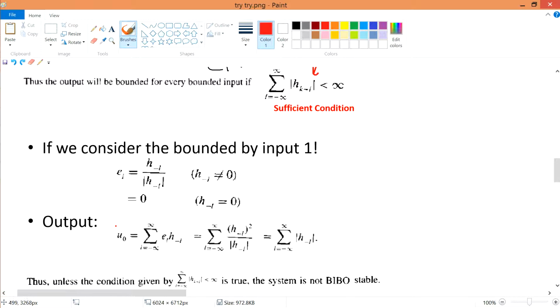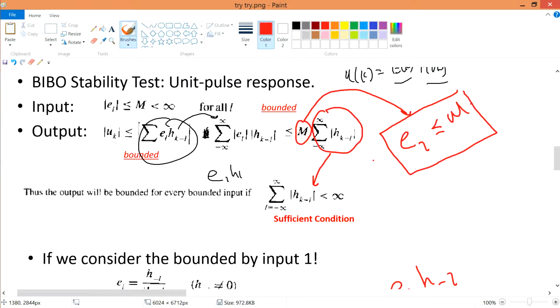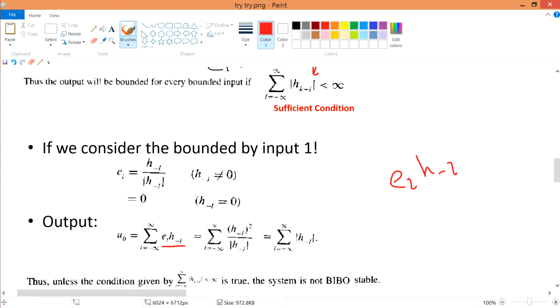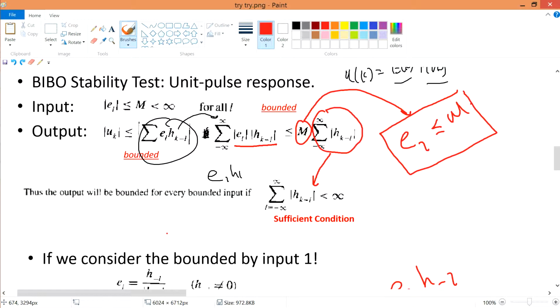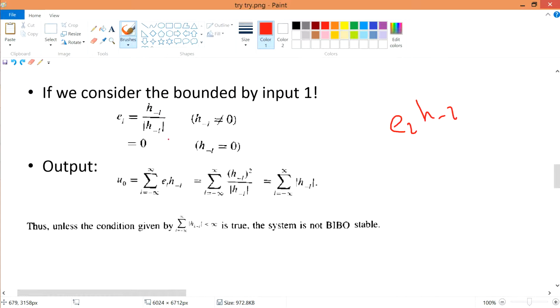I can sub in U0 is equal to this thing, EL times H minus L. If you think about it, it's a bit different from what we had last time. We had EL HK minus L, now it is EL H minus L. So this UK previously was UK, and now they actually ignore the UK, they just write it as U0.